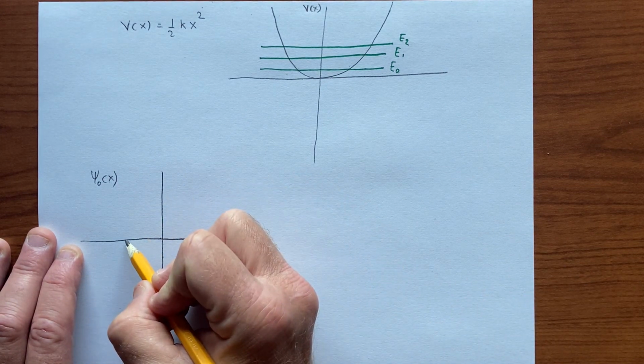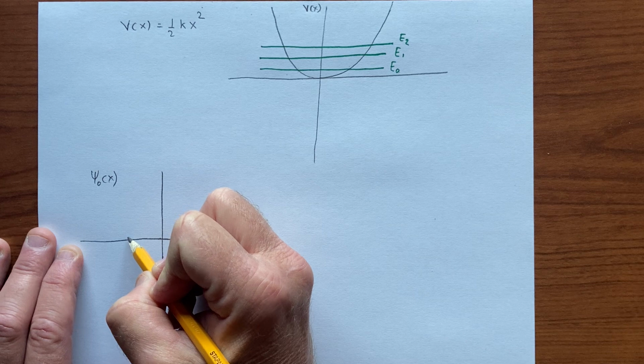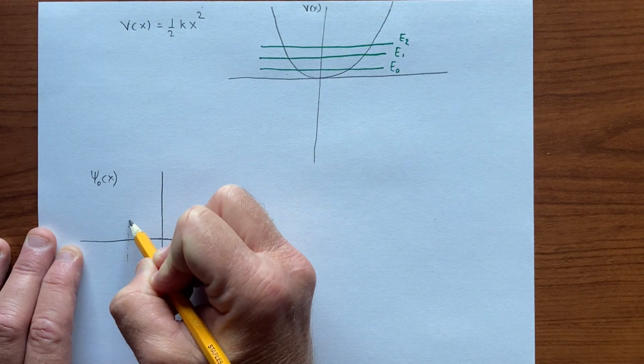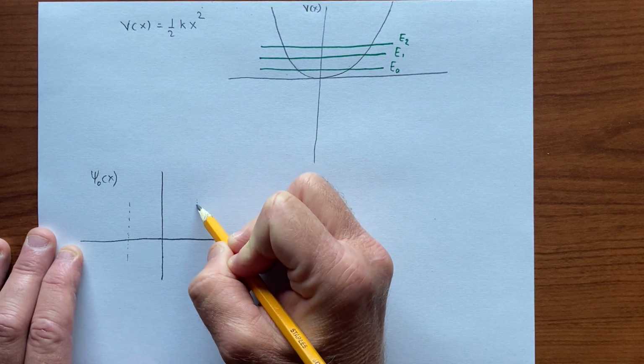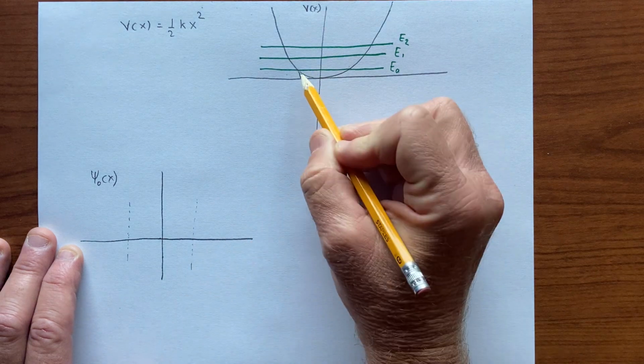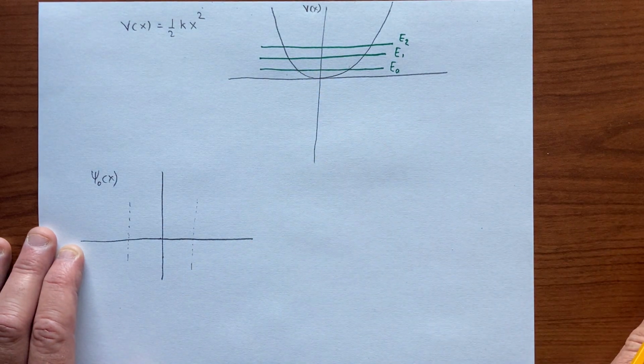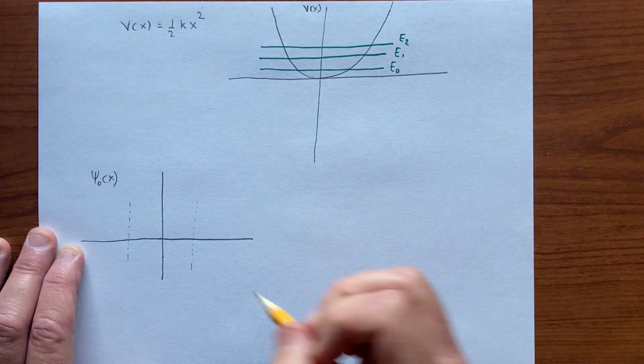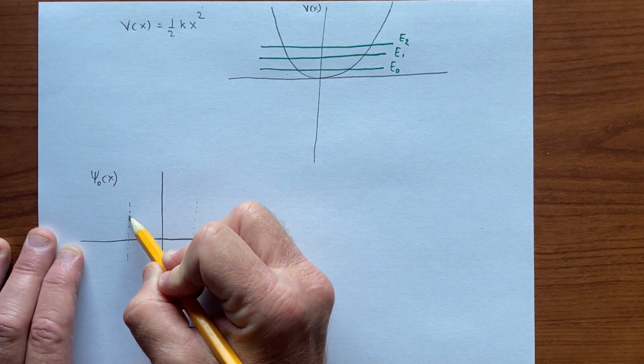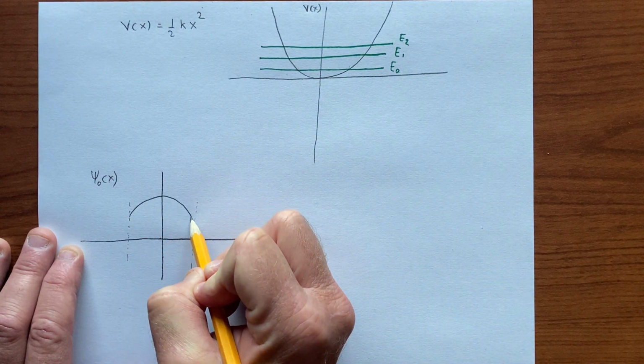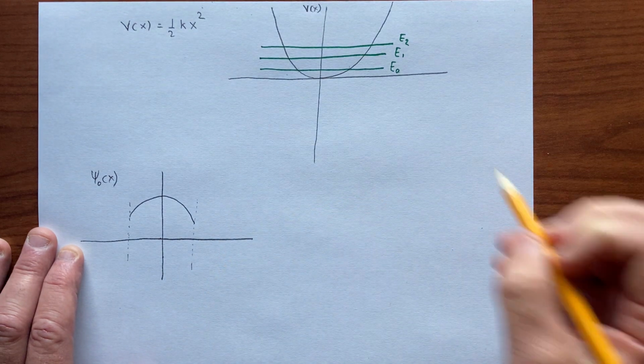So if these points represent the turning points, then the function looks something like that.